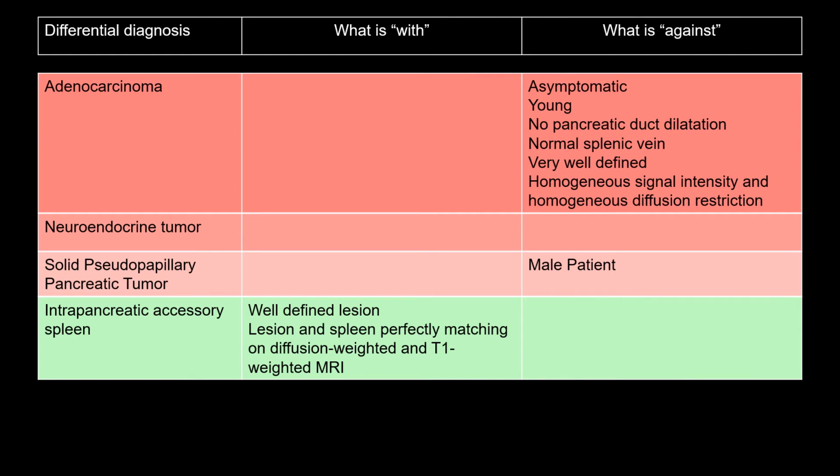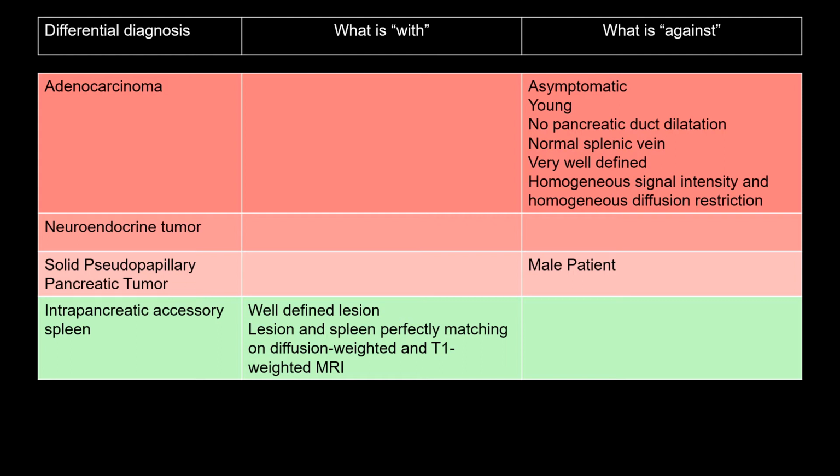From the images we have seen and from the clinical background, we have certain features with each of the four disease entities and features against each of them. The patient was asymptomatic, was young.